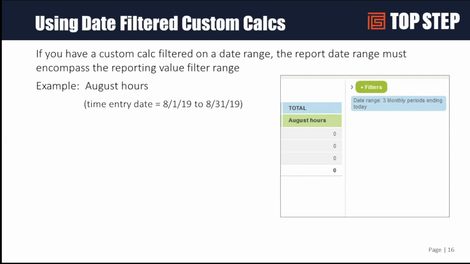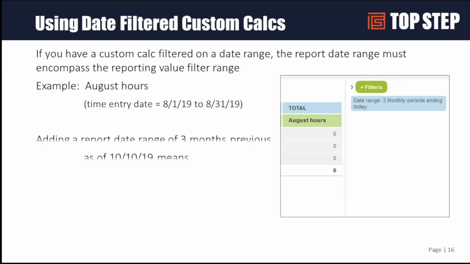The challenge with using date ranges is you have to make sure the date range of the report is all encompassing of the date range defined inside of the custom calculation. So it's almost the opposite of what I just said about the report filters. So with date ranges, you have to make sure they play nice together.